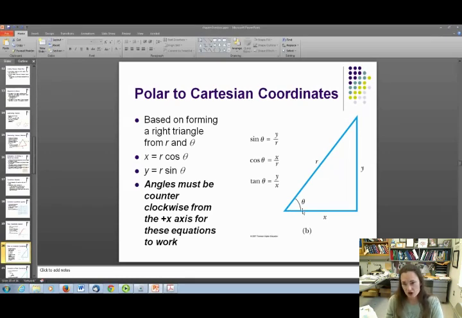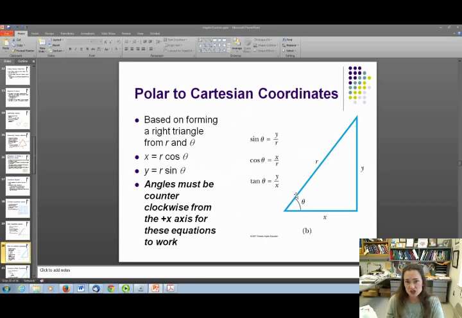If your angle is defined as swinging counterclockwise from that plus x axis, then you can write your x and y coordinates in Cartesian coordinates via the equation x is equal to r times the cosine of theta, and the y coordinate would be r times the sine of theta.